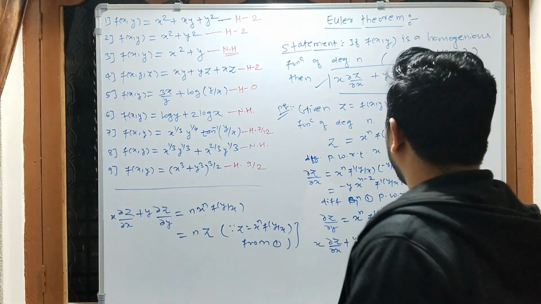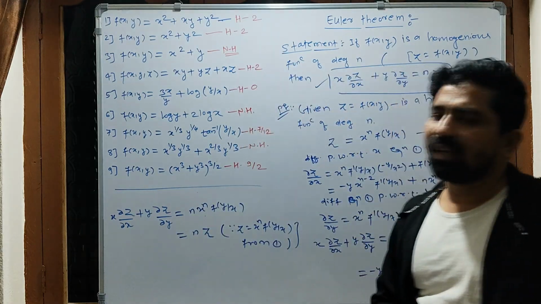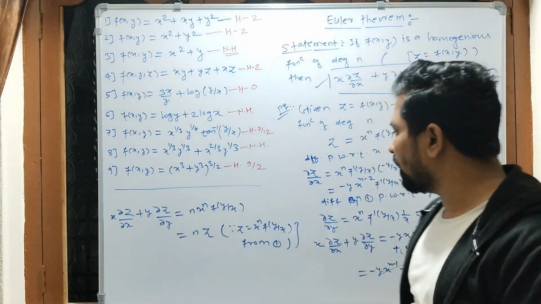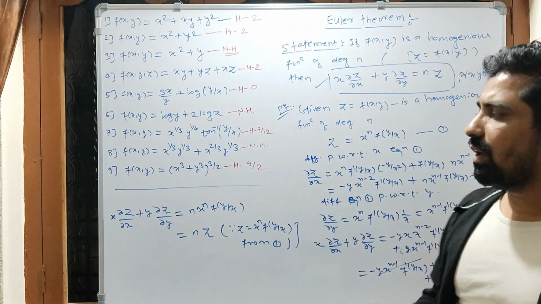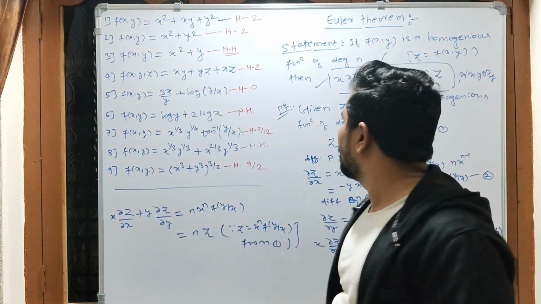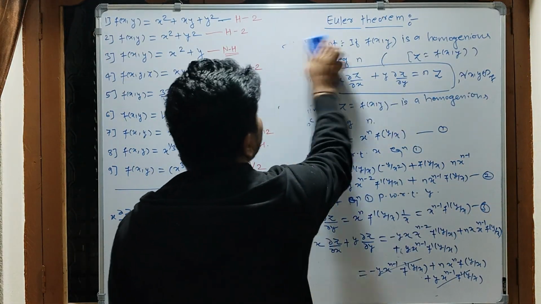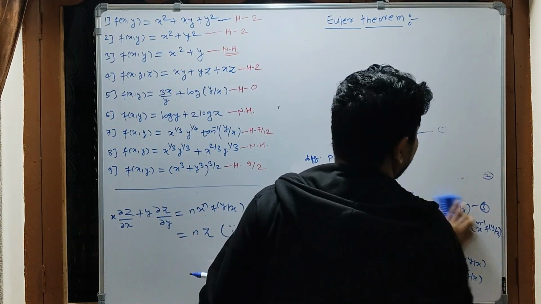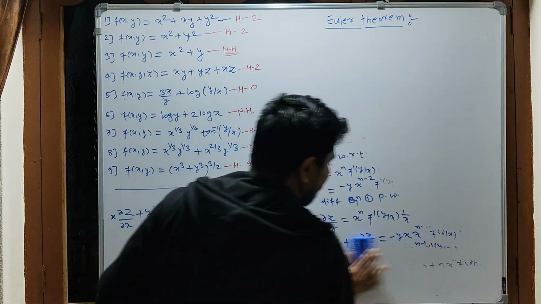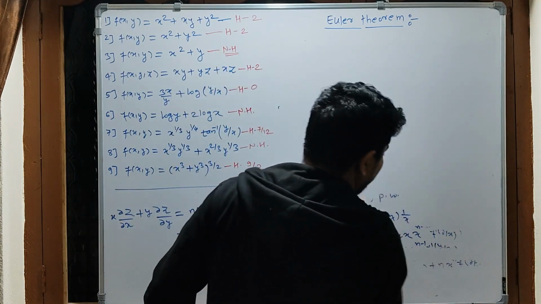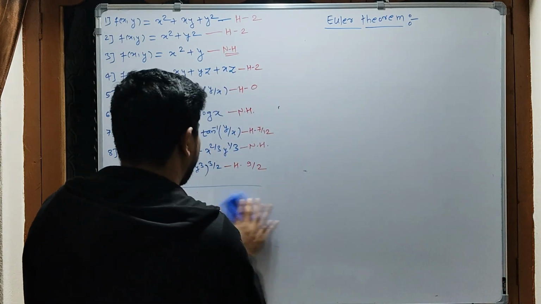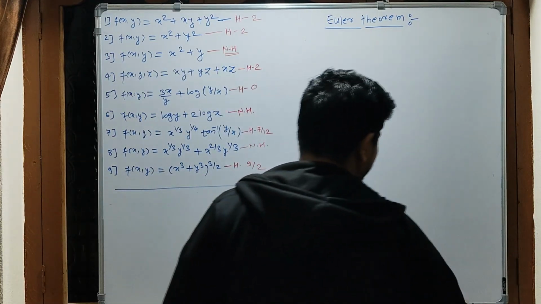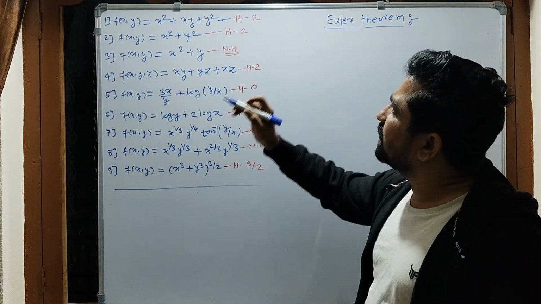Sometimes in the exam they will ask you to verify Euler's theorem for a given function. So how do we verify Euler's theorem for some function? Let me write an example.